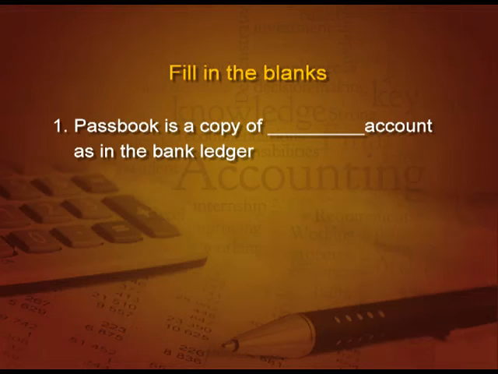Let us do some fill in the blanks also to check or upgrade our knowledge. First is, passbook is a copy of blank account as in the bank ledger. Fill in the blank. So, passbook is a copy of which account? Yes, customer account.